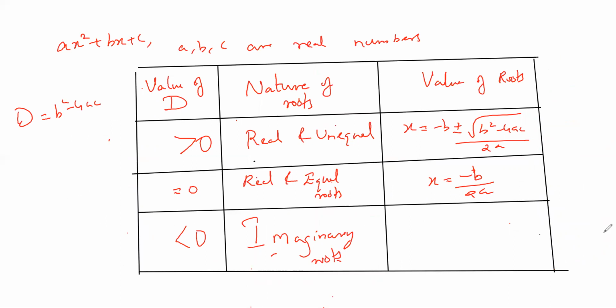Imaginary roots in the sense, the value inside the root is D, right? I'll get something like root of minus 113, or root of minus 144, if I'm getting a negative value inside the root. Can I calculate the root? No, because till now we haven't done that.